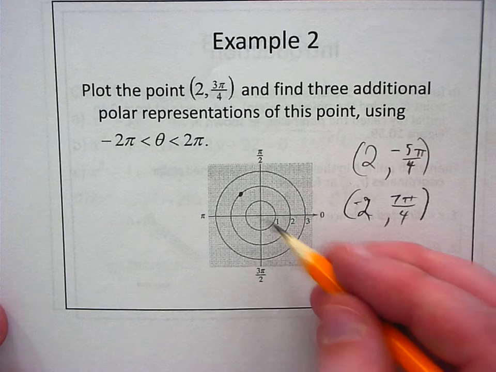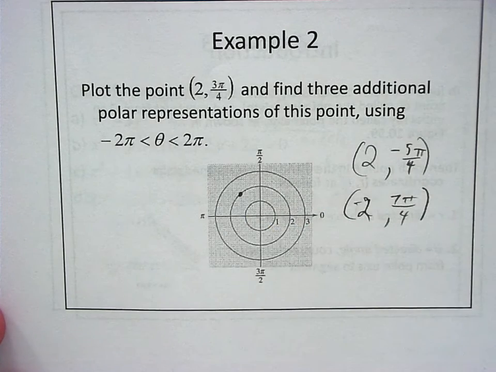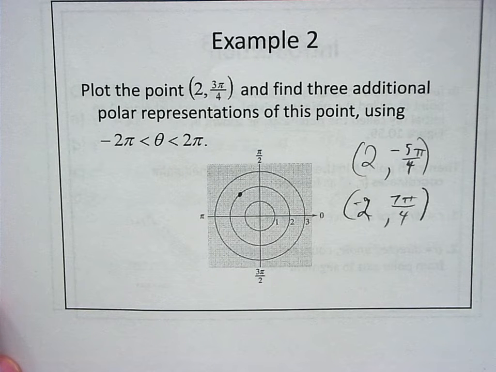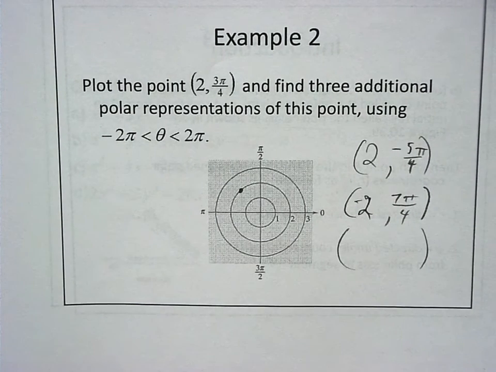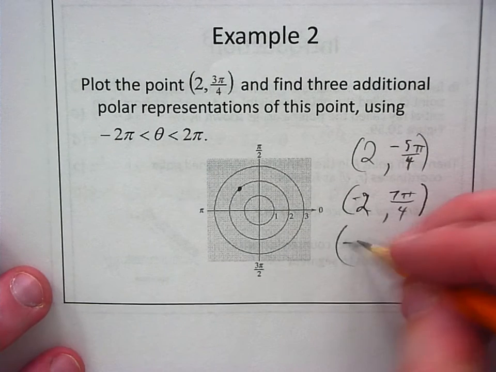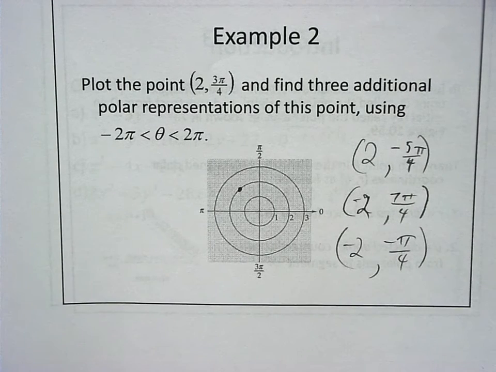Negative 2 then goes back through the origin to 2. Remember doing that for vectors? Okay. What's the last way I could describe it then? Yep, negative 2 and negative pi over 4, for the same reason.